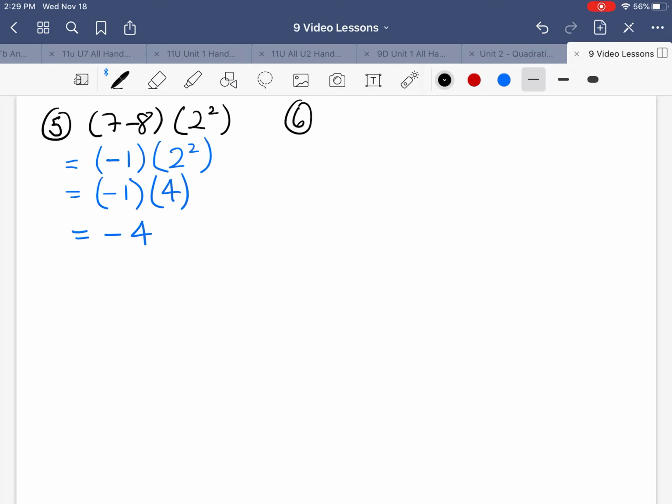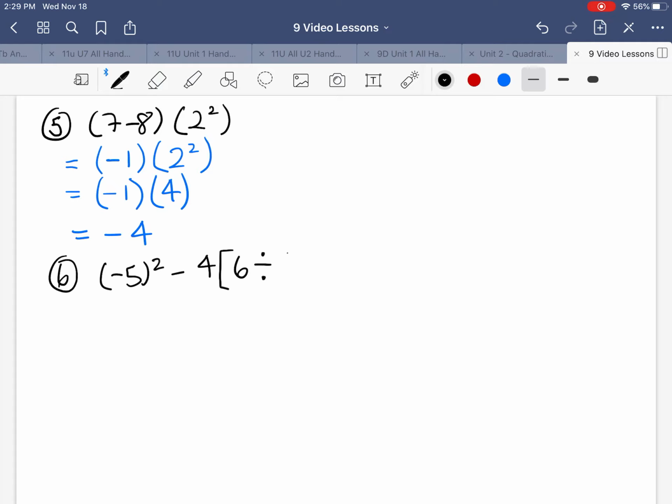And let's do our last example here. And I think I will need more space because it's a long one. So negative 5 squared minus 4. And now I'm going to use some square brackets because I'm going to have multiple levels of brackets happening.